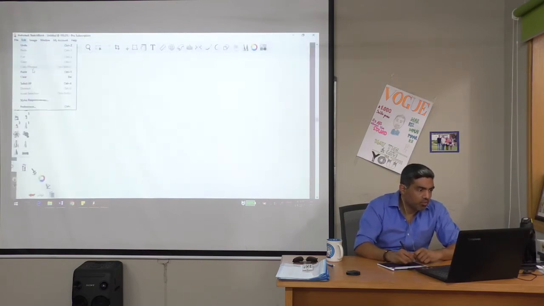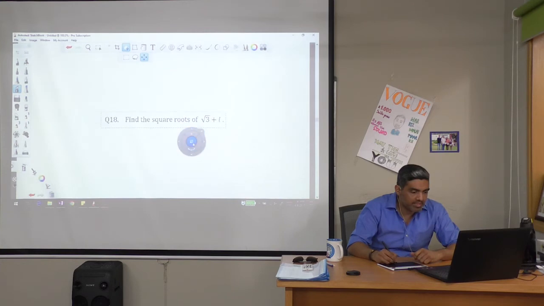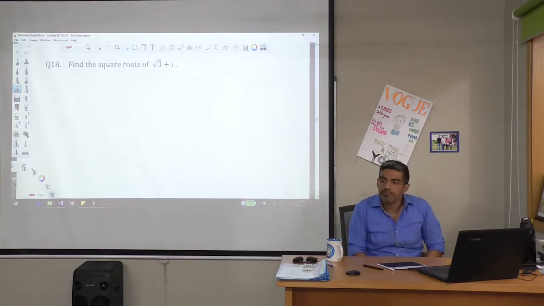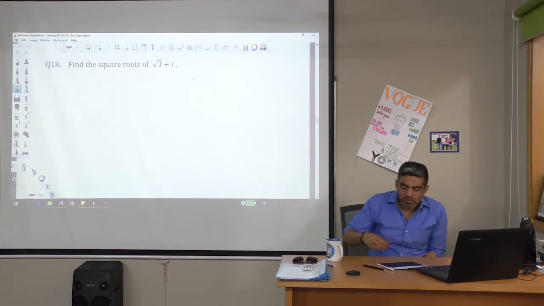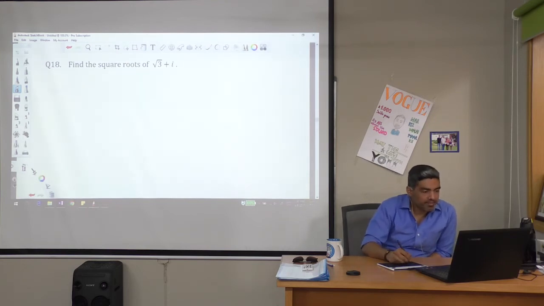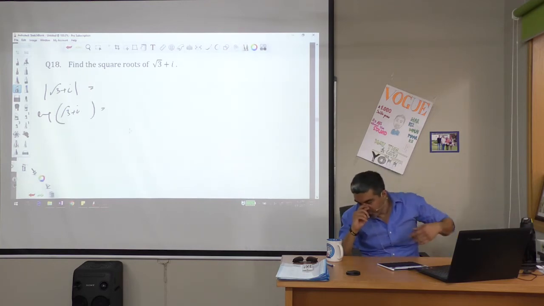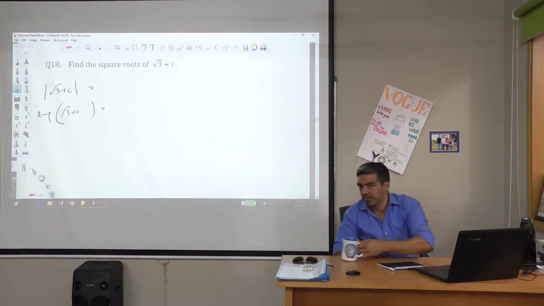Now this one, let's just get the exact value in the exponential form for the two square roots. So root 3 plus i, I need the mod, and I need the argument of root 3 plus i. It's in the first quadrant, so tan inverse b upon a will be the answer.